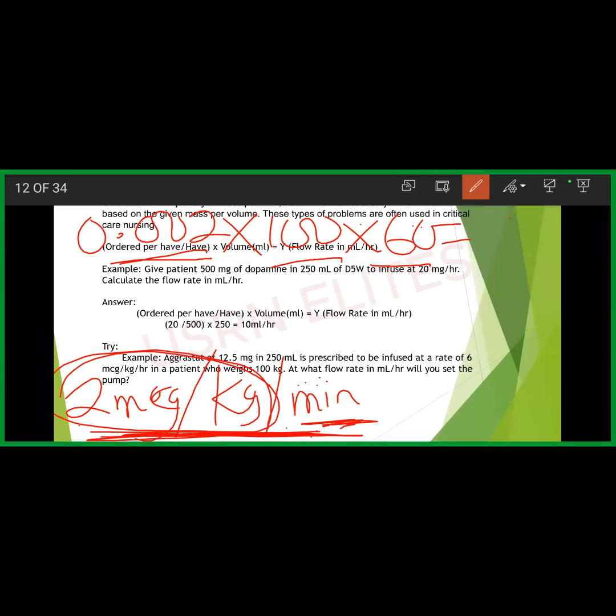So if all of this is going every minute, how much of it do you think will go in an hour? Is it not 60 of this? Yes, 60. So with prescriptions like this, that's how you do the conversion.